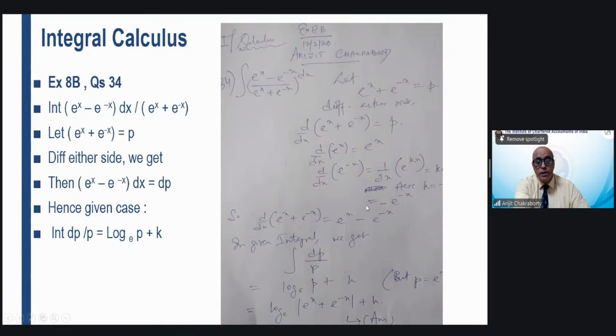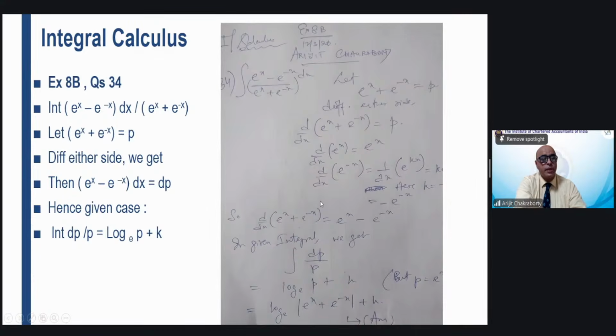But we know p is equal to e to the power x plus e to the power minus x. So finally हम लोग क्या कर रहे हैं, p का जो value है, we are substituting the value and finally we are getting log e to the power x plus e to the power minus x to the base e plus k.